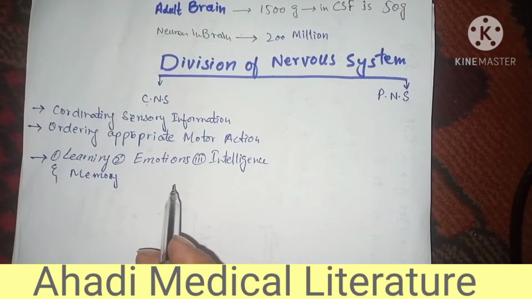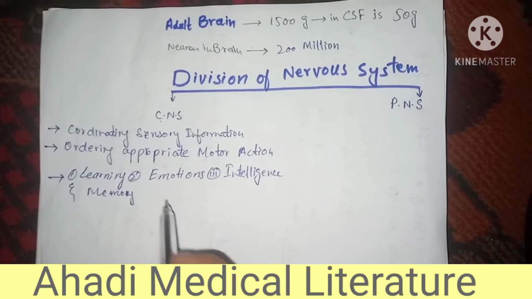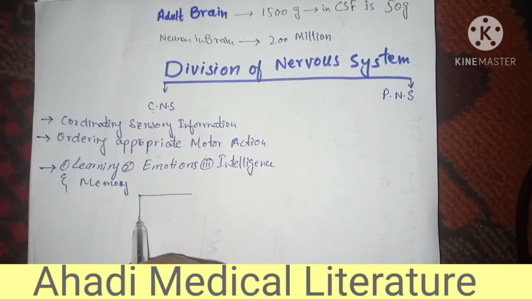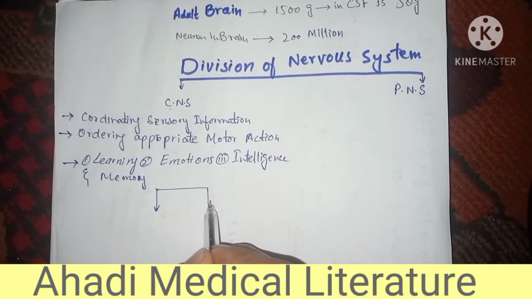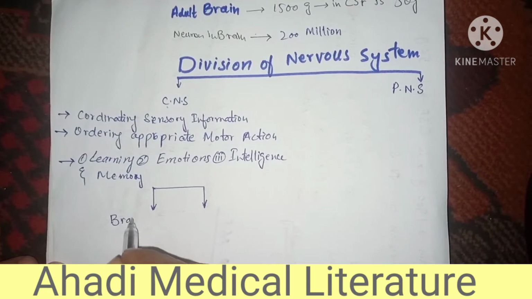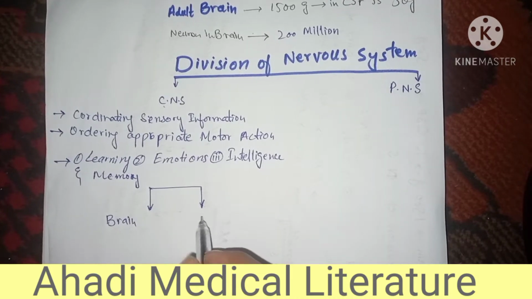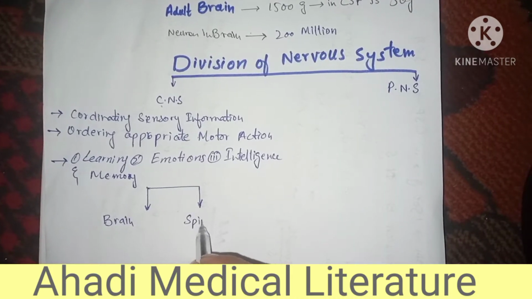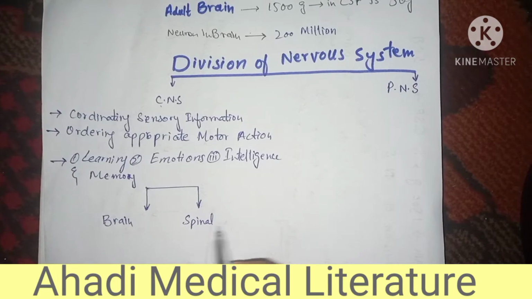And the CNS is further divided into two parts. The first part is the brain. The second part is the spinal cord.